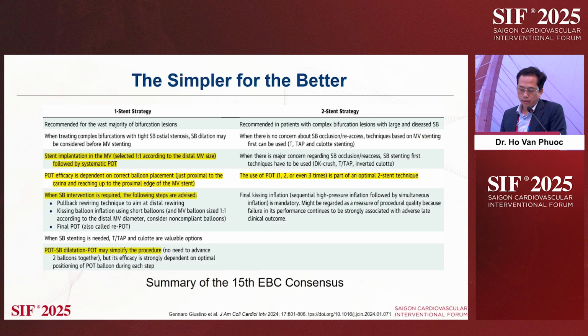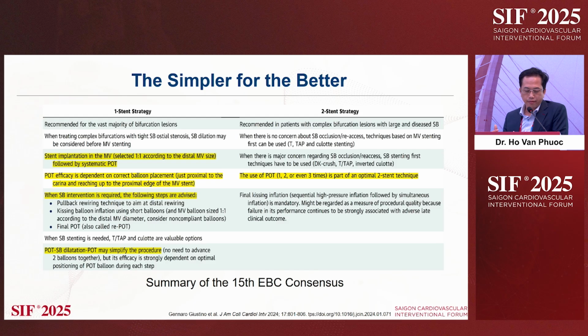And according to the 15th EBC consensus, it supports the theme that simpler is better. When you do stent implantation in the main vessel, select one according to the distal main vessel size, followed by the systematic POT.